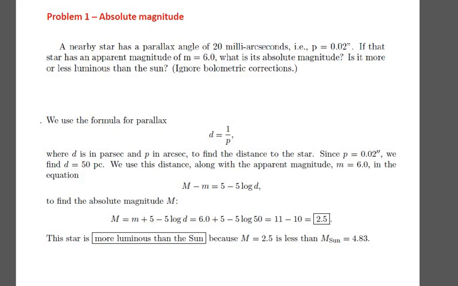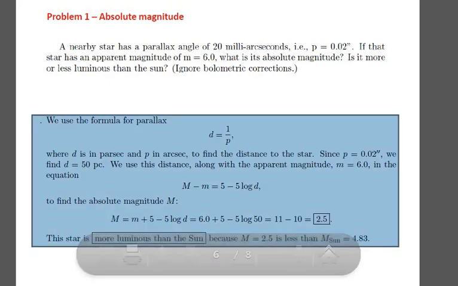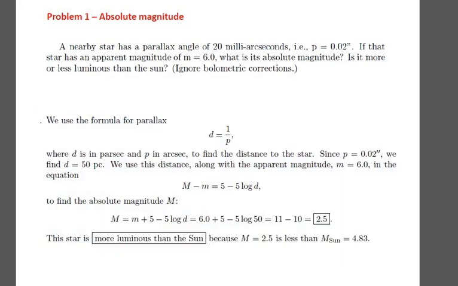So if we put the value of D, then we can find the value of absolute magnitude, and from there we can say that since the value of absolute magnitude comes out to be around 2.5, this is more luminous than the sun, because its value is lower than the sun's. Okay.